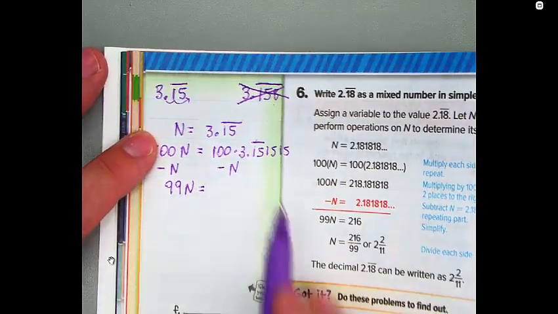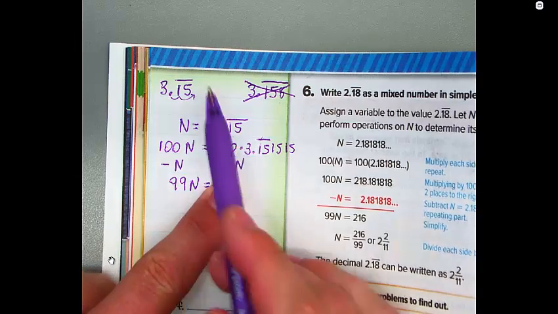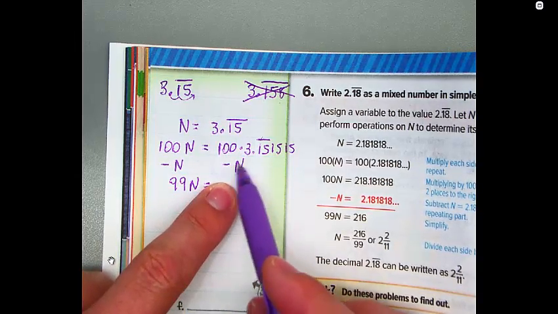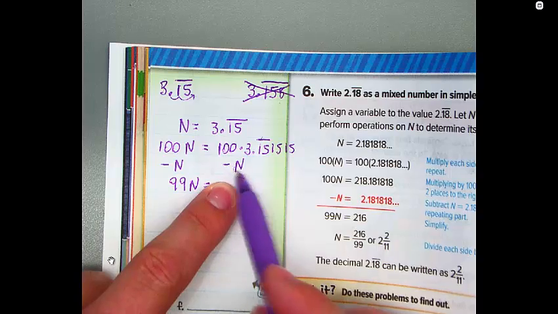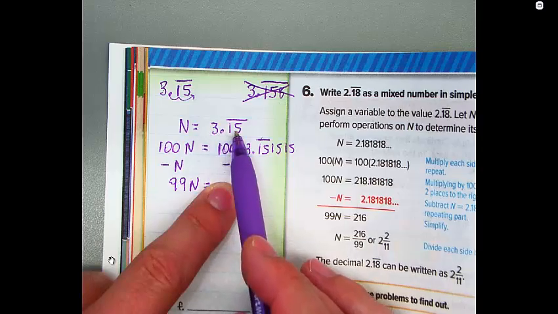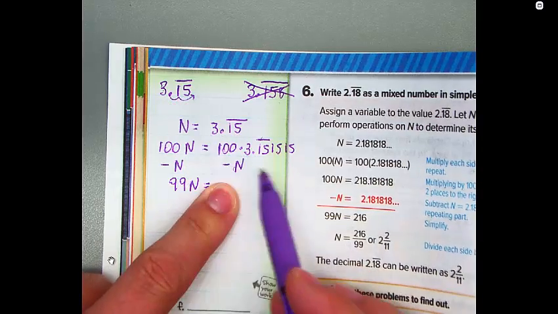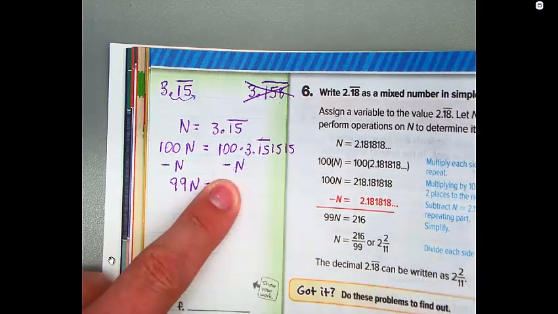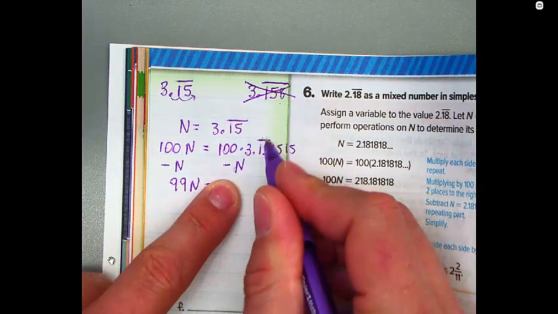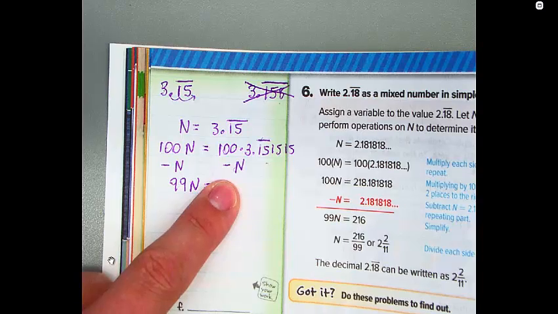Now, when we take away, essentially what we did here is this subtracting n. Think, what does n actually equal? It equals this part right here, okay? And we moved it over. So remember, taking away that n basically gets rid of all of our repeating decimal section right there, okay?